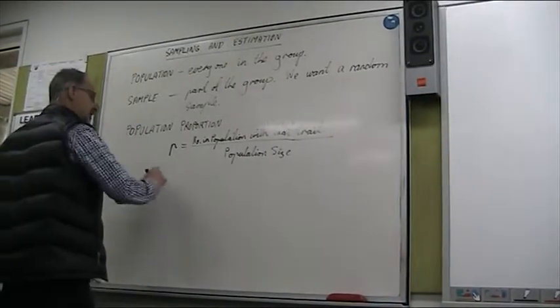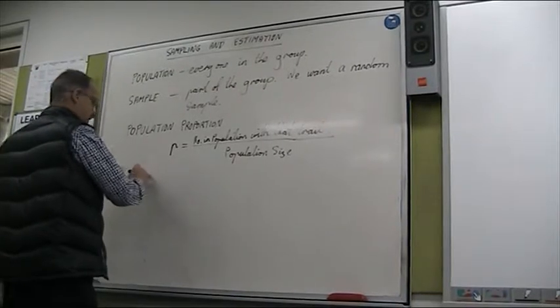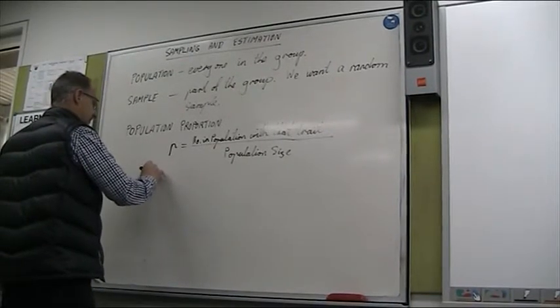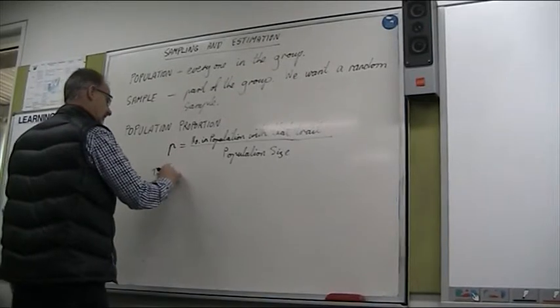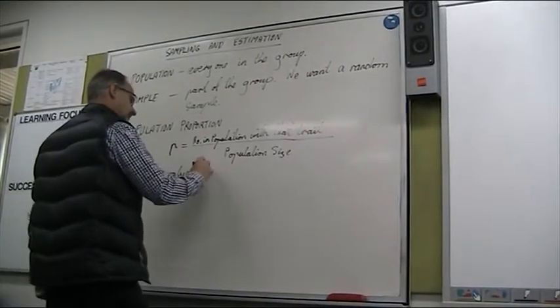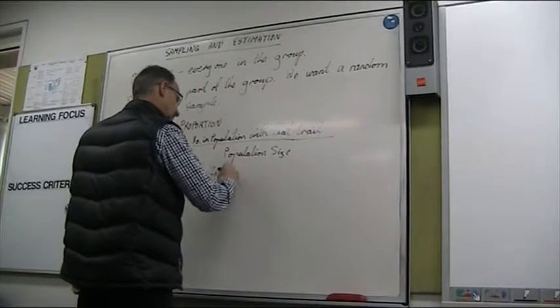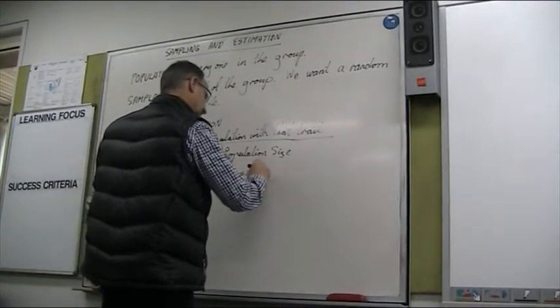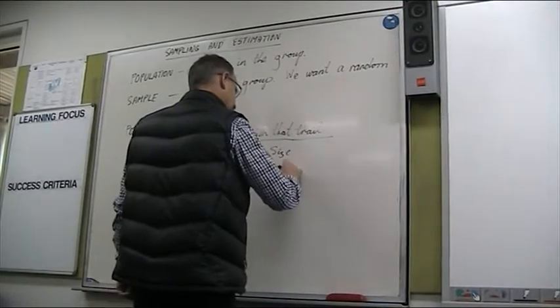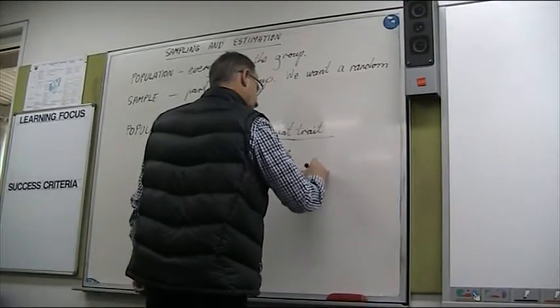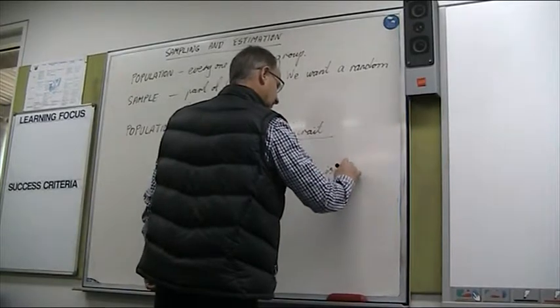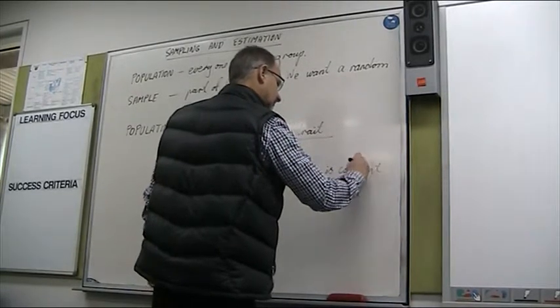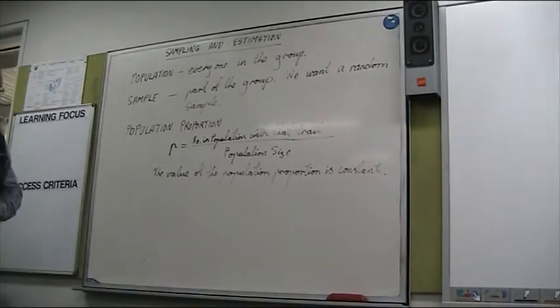And the other thing about population proportion, the value of it is constant. Alright, so because you've asked everybody in the population, then that stays constant, doesn't change.